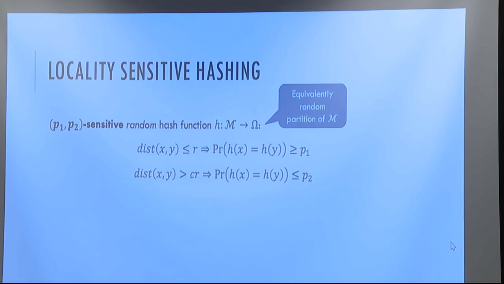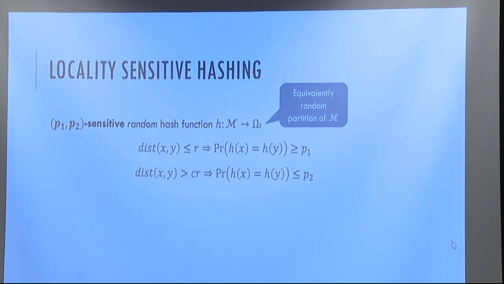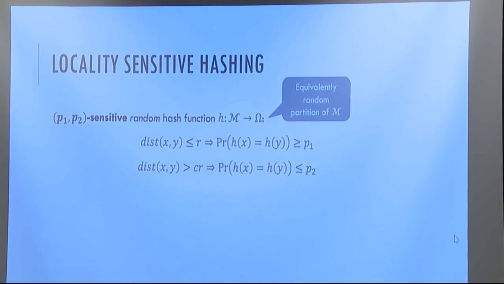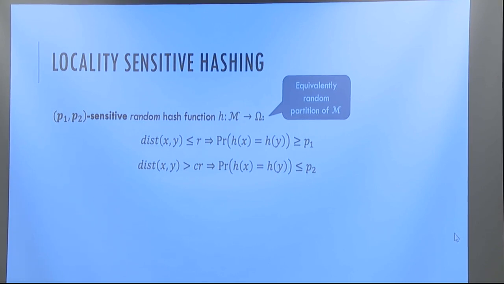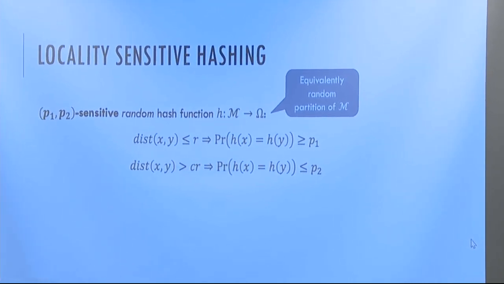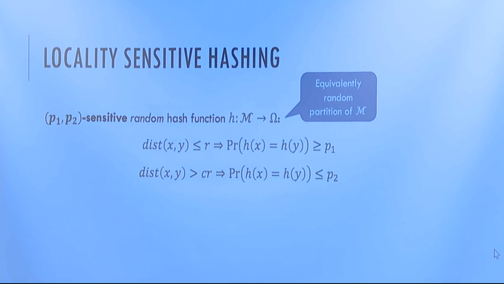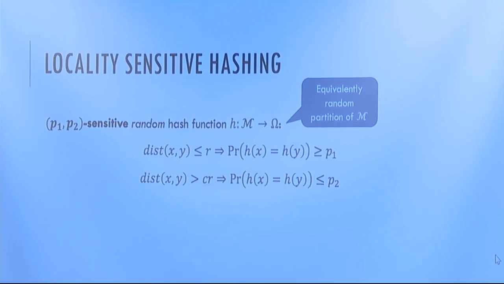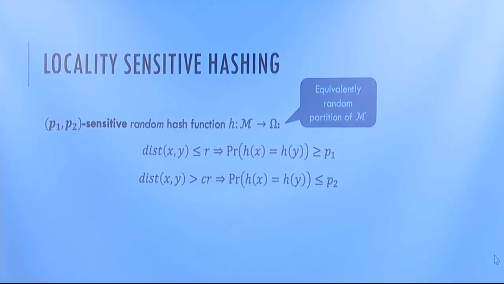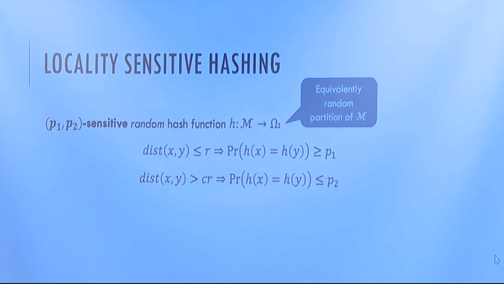Okay, so it's a natural idea. Then again, it's probably familiar to a lot of you. The idea is that we can build a data structure using hashing, but we need a hash function with special properties. We want to be able to find random hash functions that have the property that points that are close collide more often than points that are far.